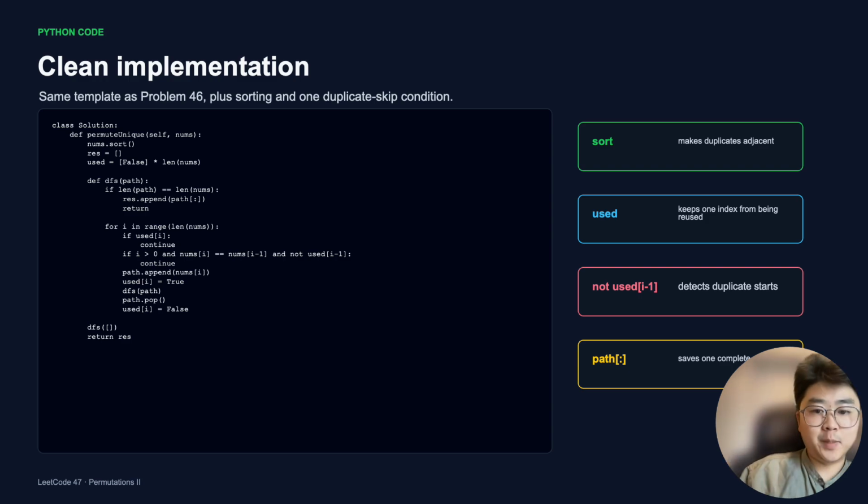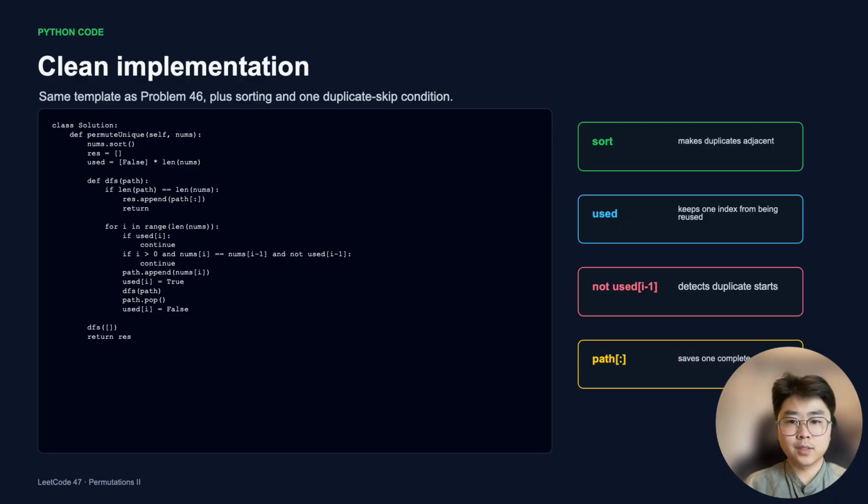So this is the code part that GPT gave me. I think it's clear enough for you guys to see the final code. It's a familiar structure from the last question. We sort the input, create a result list, and use a Boolean array to record which indices belong to the current path.